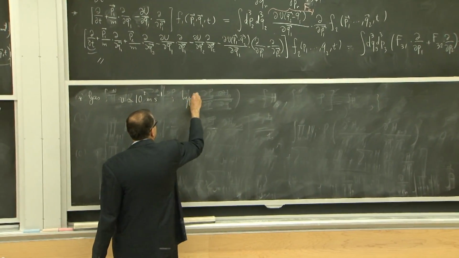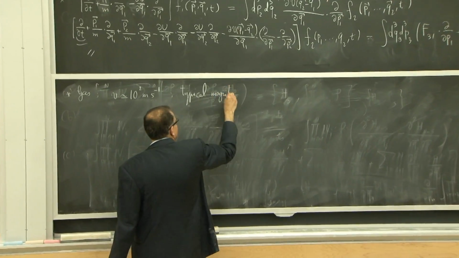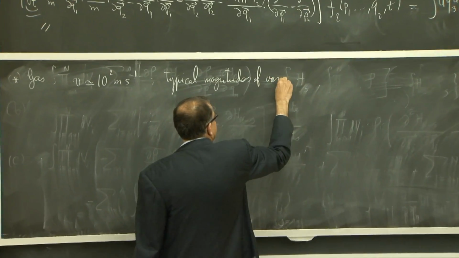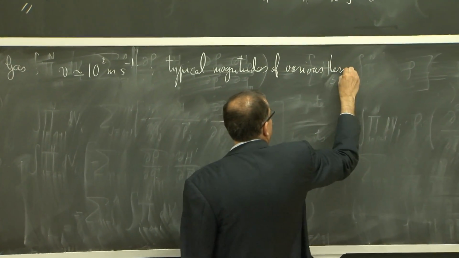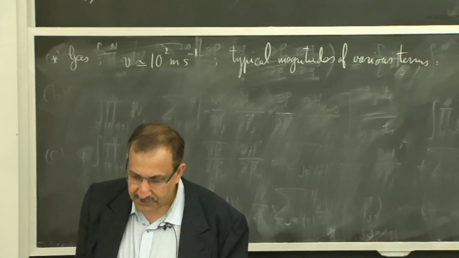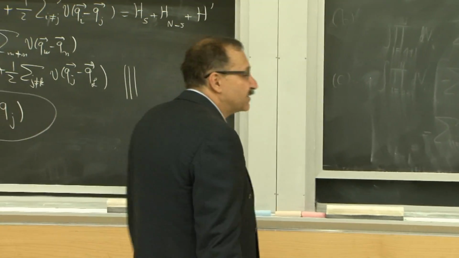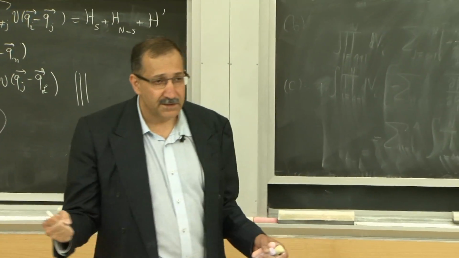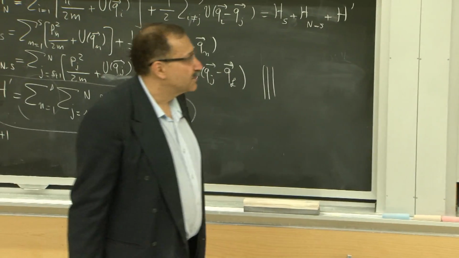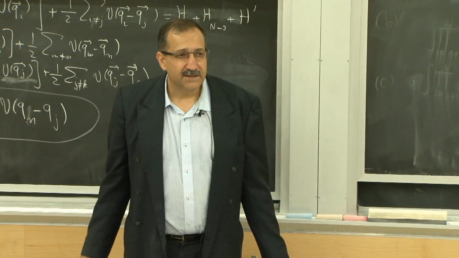So what are the typical magnitudes of various terms? If I look at the first equation, that first equation describes for you a particle in a box. We've forgotten about everything else. So if I have a particle in a box, what is the characteristic time?